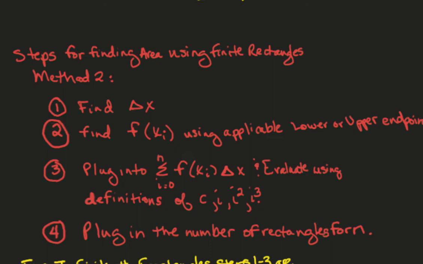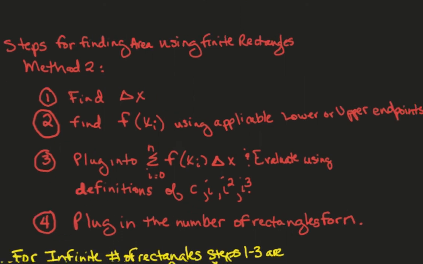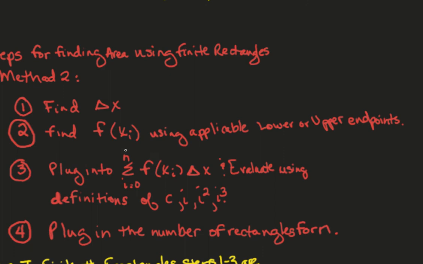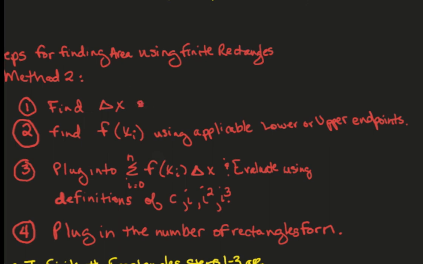All right? All this will make more sense whenever you actually see it in action. But find delta x and then plug into your function what x sub i is. I guess you should find, technically, delta x, and so if you find f of x sub i, plug it in, evaluate.